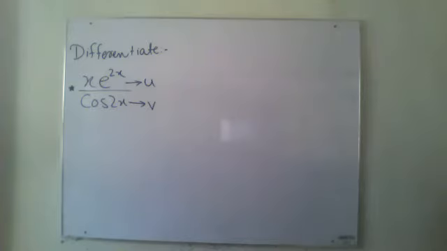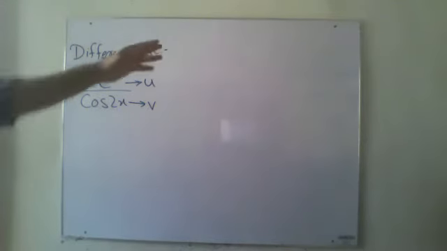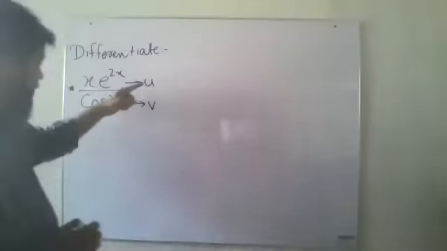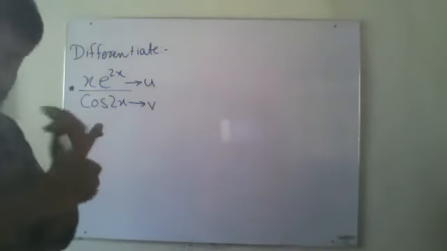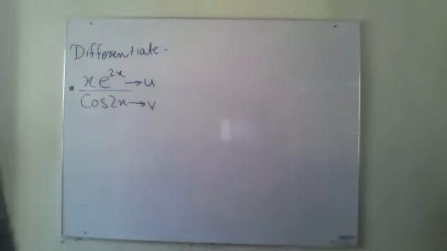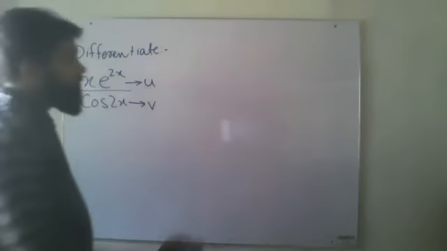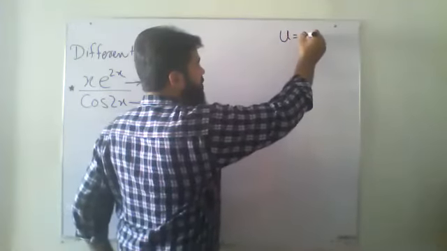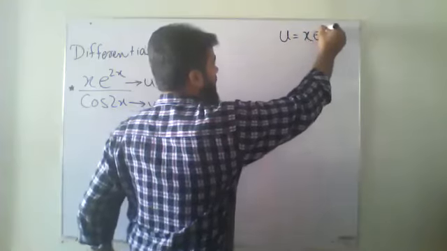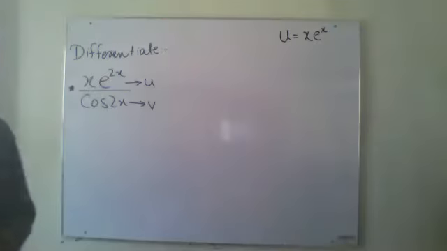So therefore I am going to differentiate them separately on the corner. First of all, u over v is given. I need u, I need v, I need u differential, I need v differential. Okay, so first of all, u. What is u? x e to the power 2x. This is given in product form.